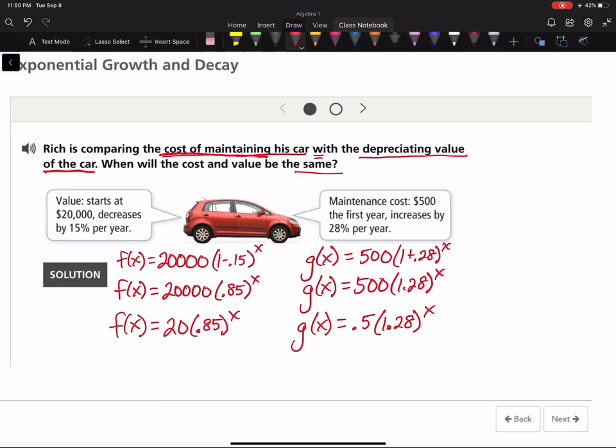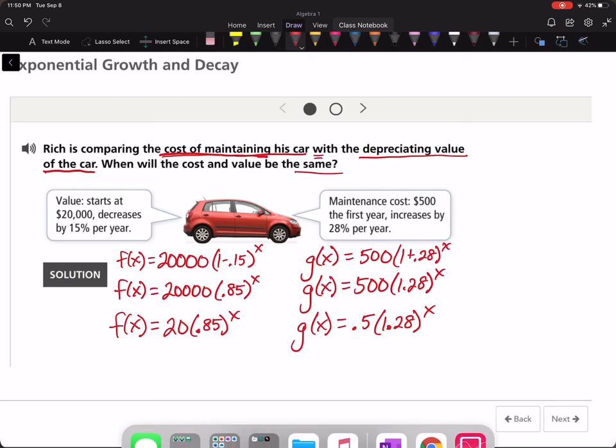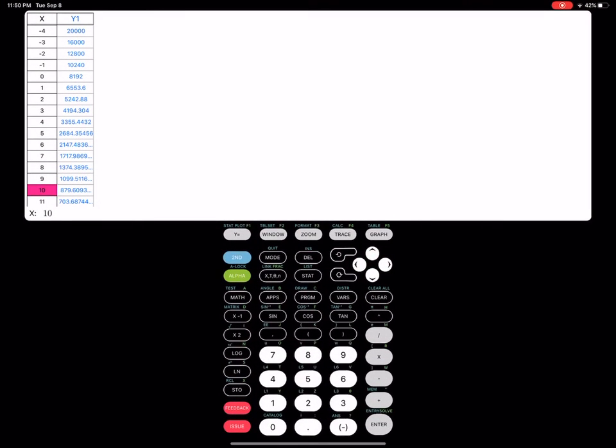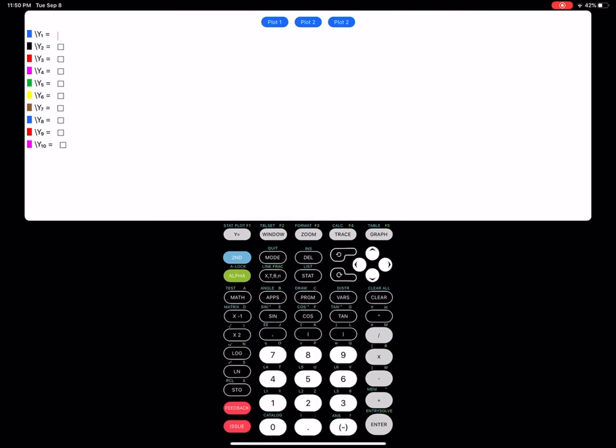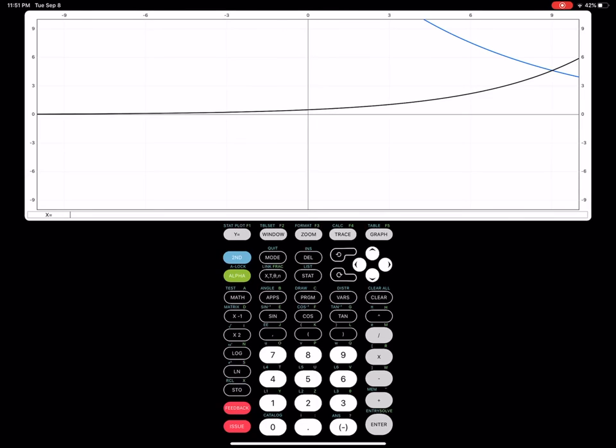So if you change them to 20 and 0.5, we have y equals 20 times 0.85 to the x power, and the other one is 0.5 times 1.28 to the x power. We graph them, and we'll see their intersection is where the blue line crosses the black line.